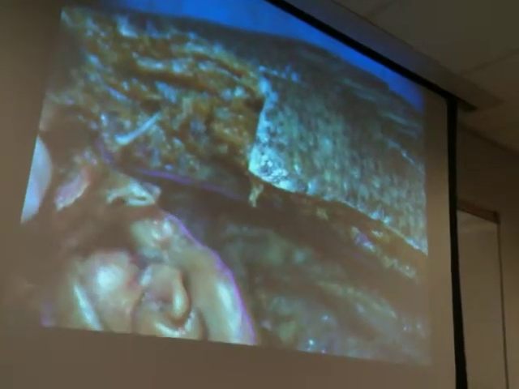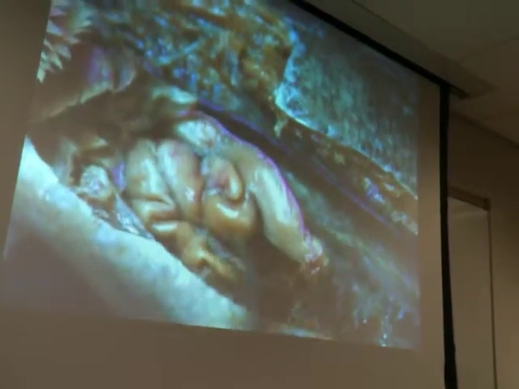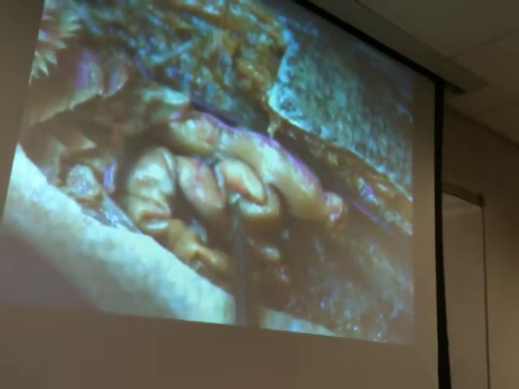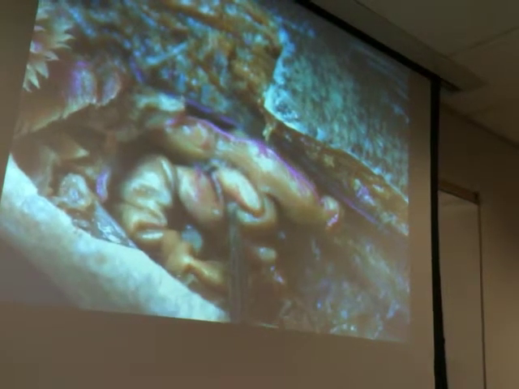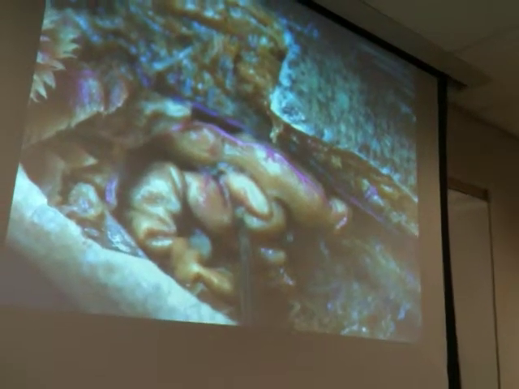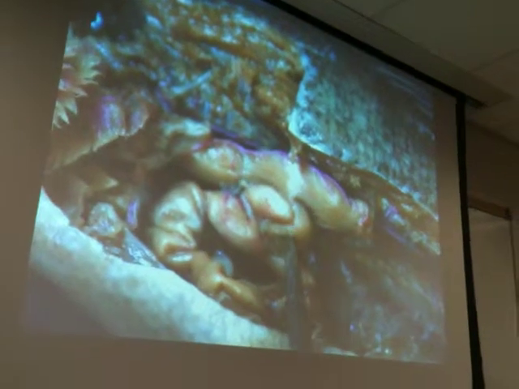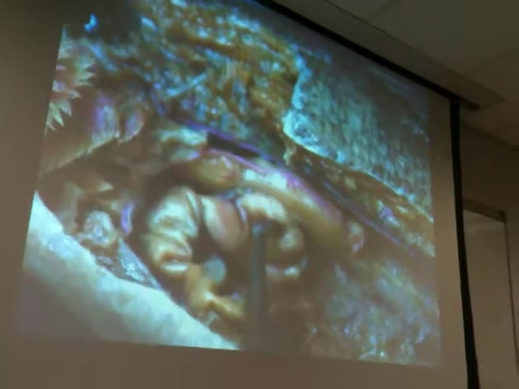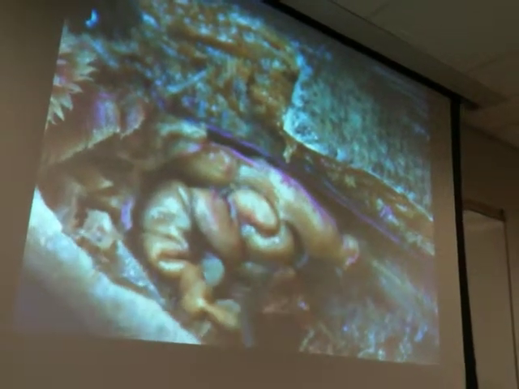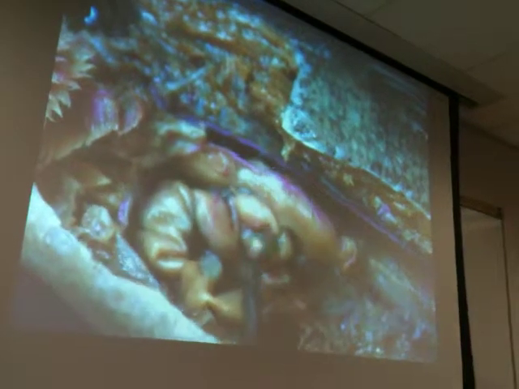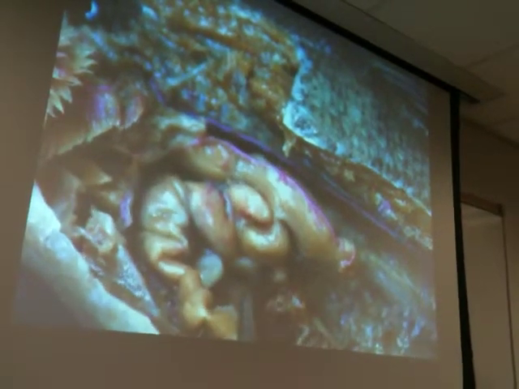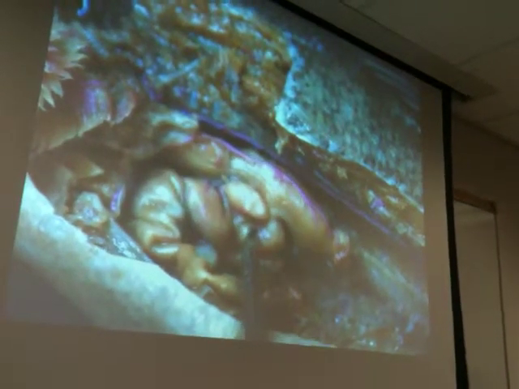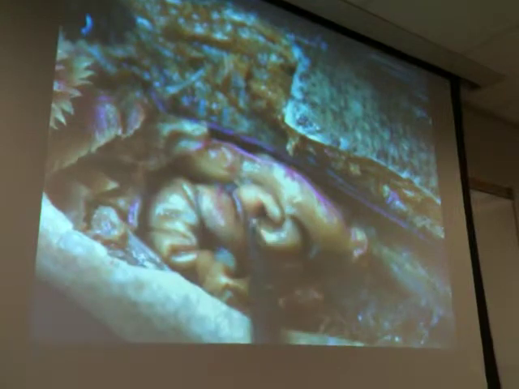And then it narrows into this little pinch right here. Okay, the part where the stomach pinches is called the pyloric sphincter. Alright? Pyloric sphincter. On the other side of the pyloric sphincter are the pyloric ceca, with finger-like appendages. Okay? So you have the cardiac portion of the stomach, pyloric portion, pyloric sphincter, pyloric ceca.